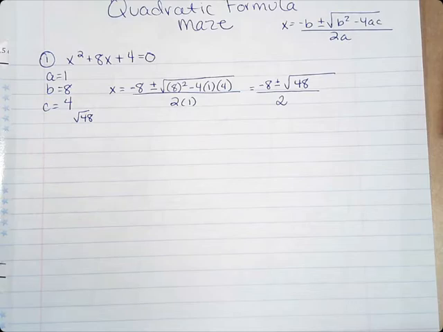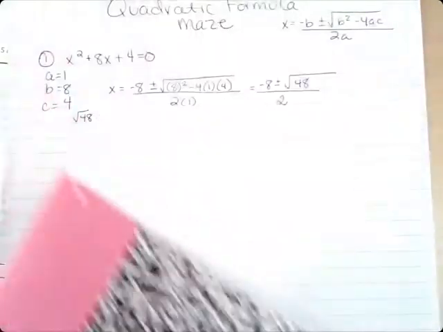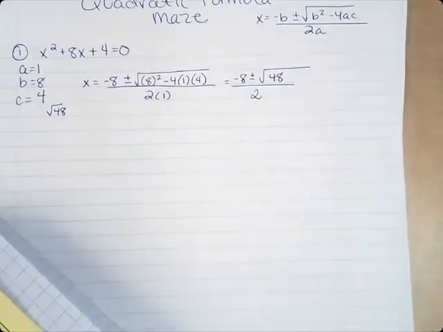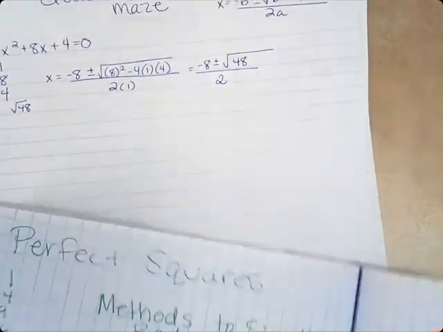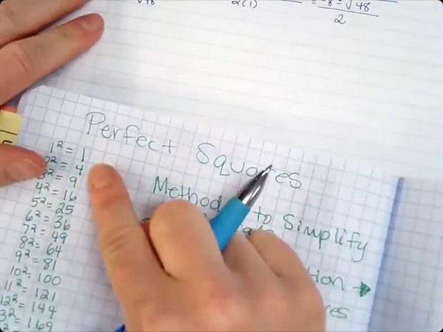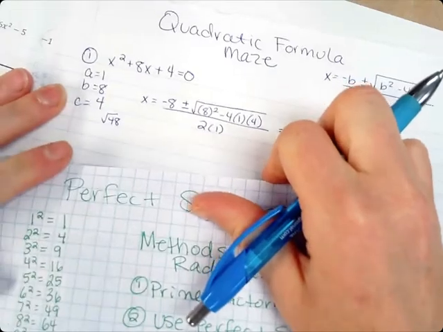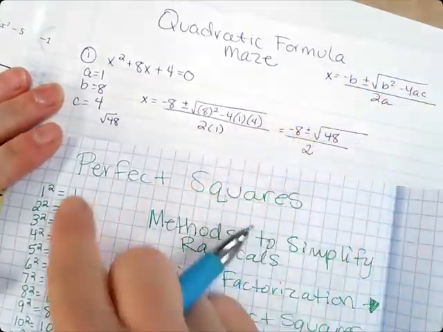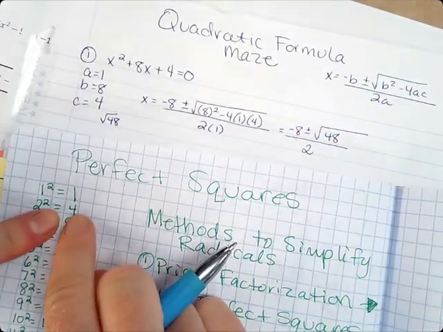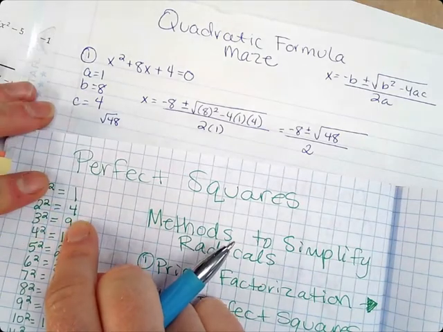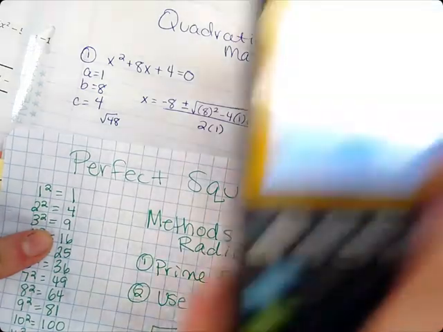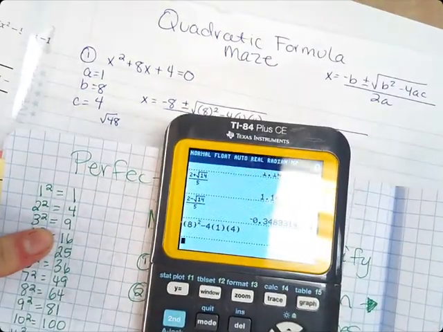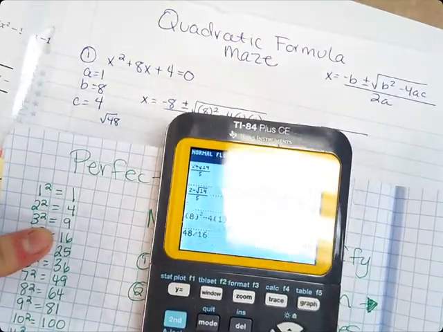We need to look for that perfect square that divides it evenly. What might help you with simplifying these radicals is going down the list of perfect squares and seeing which one divides it evenly. You can do 4 by 12, but is there a bigger one? What about 16?